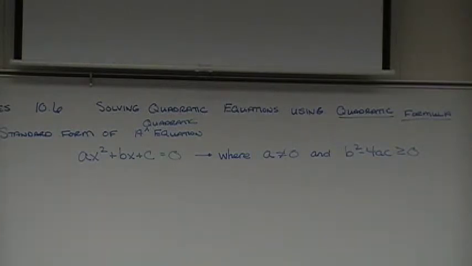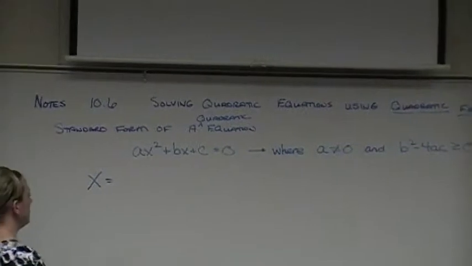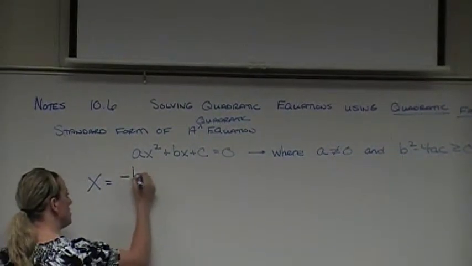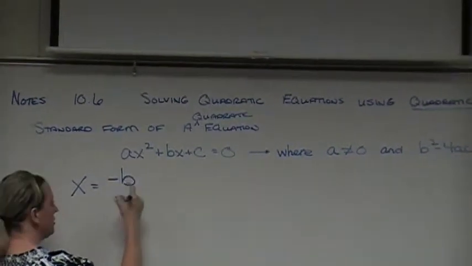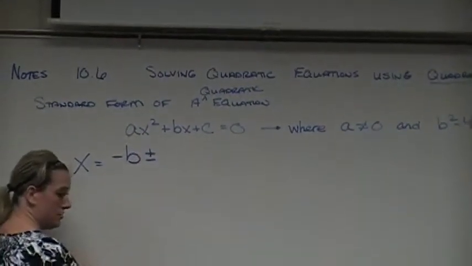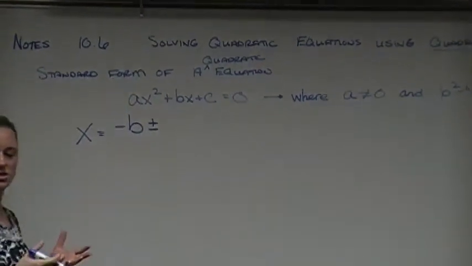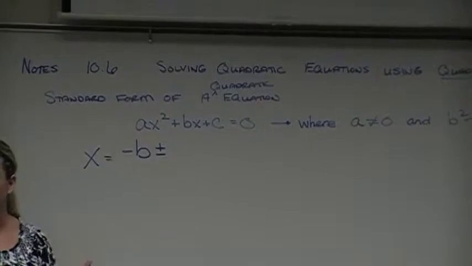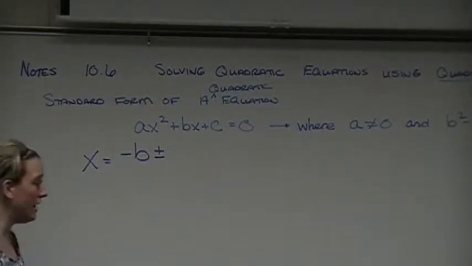So here's the quadratic formula. I want everybody to write nice and big in your notes. Okay, here it is. x equals, because obviously our solutions are x equals, we know that. The opposite of b, I don't want you to say negative b here, it means the opposite of b, plus or minus. Okay, we understand plus or minus now? How many times have we done plus or minus when we're doing square roots? A lot, right?